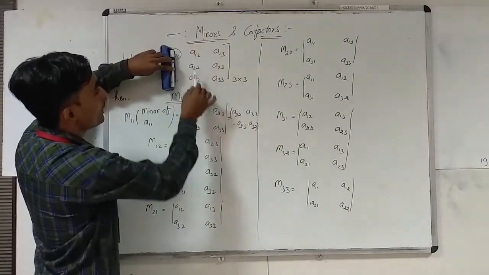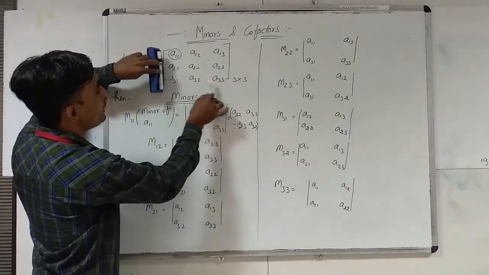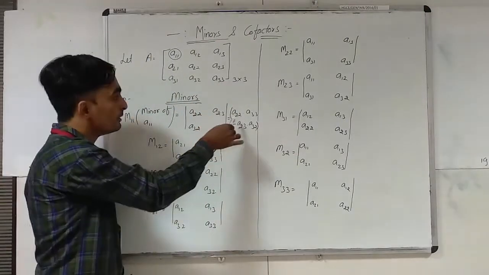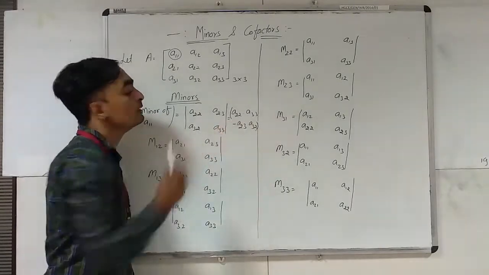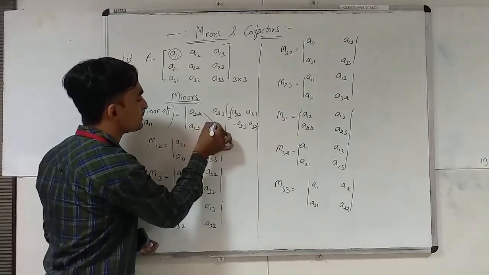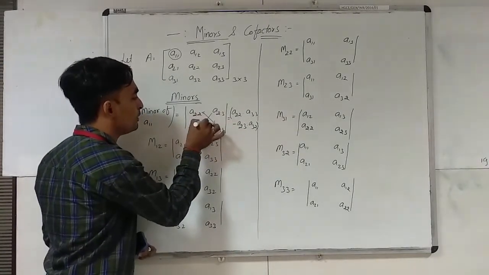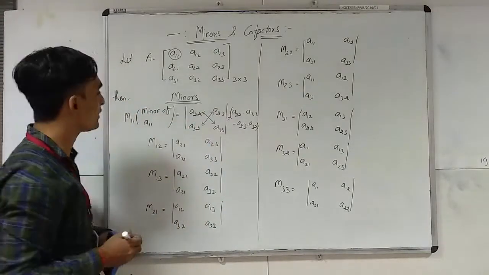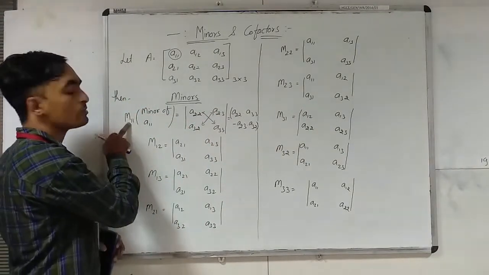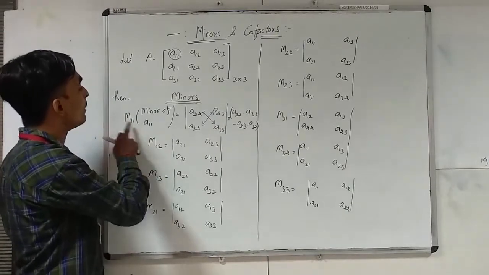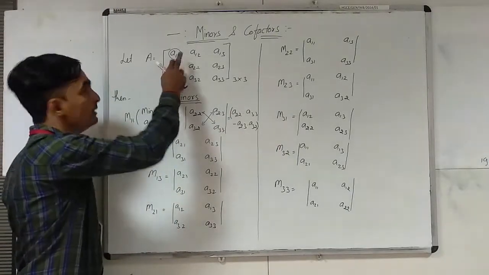So the rest are A22, A23, A32, A33, and you can solve this by cross multiplication with minus sign. This is a simple 2 cross 2 determinant. This way we can find minor; M11 shows minor of A11.